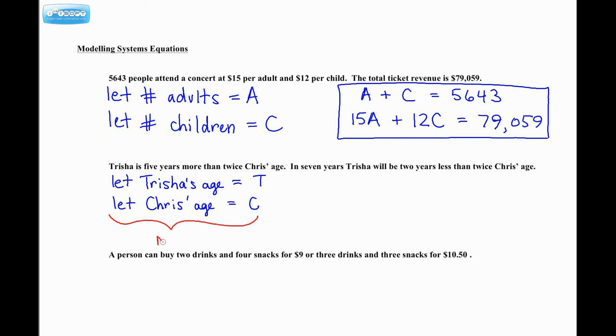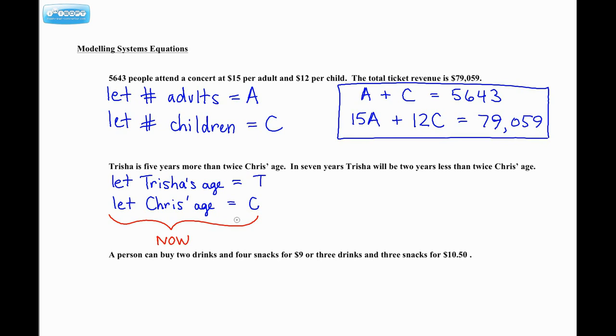This is now. Okay. Why do I have to be careful? It's because if I refer to Trisha or Chris's age in the future, I can't use T and C. I would have to use T plus 7 and C plus 7 because however old they are now, they will be 7 years more than that, 7 years in the future.